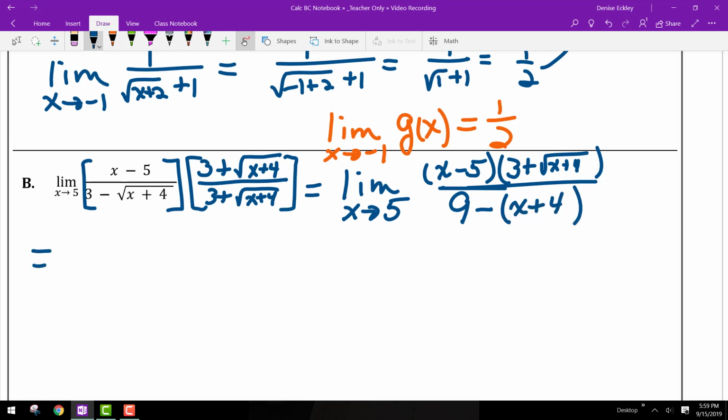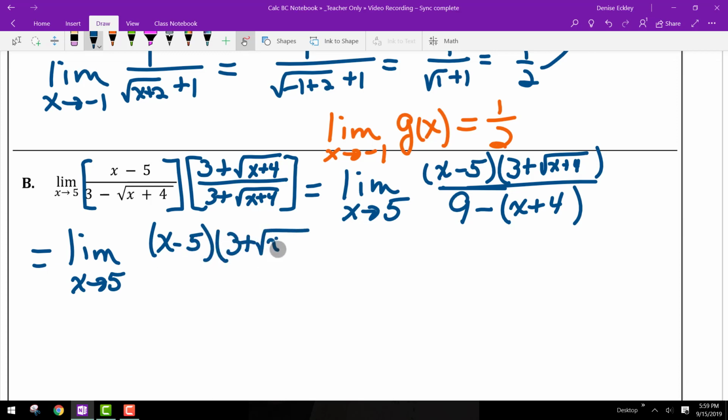Okay, simplifying the denominator. Rewriting the numerator first. The denominator becomes 5 minus x. Now we don't have the exact same factor, but what we want to remember is we can think of the denominator as -1 times x minus 5.